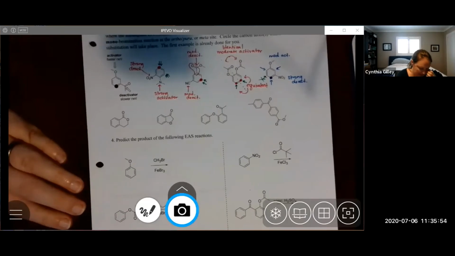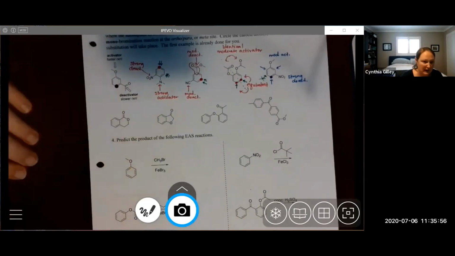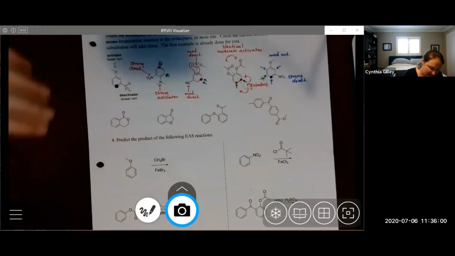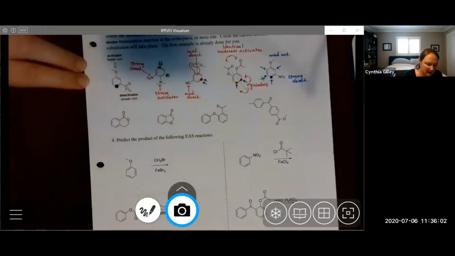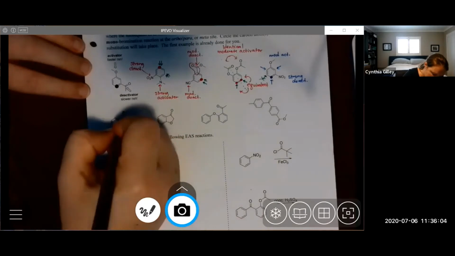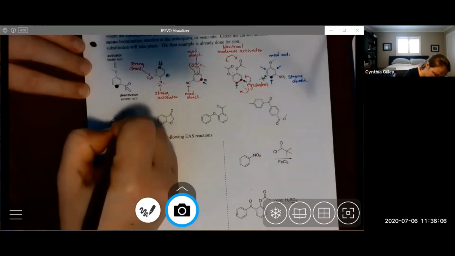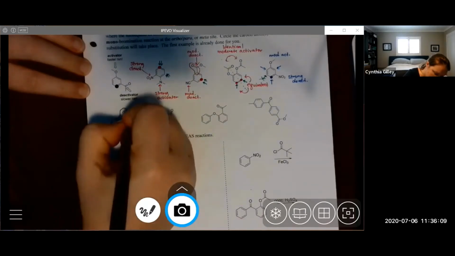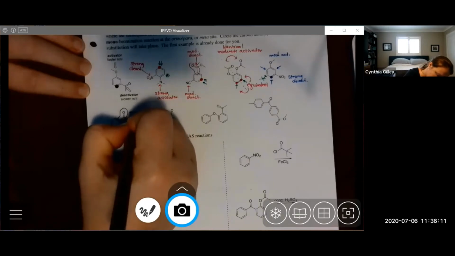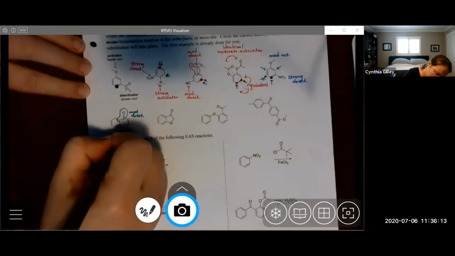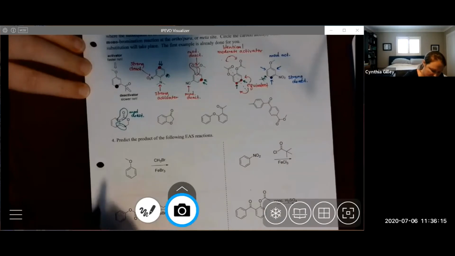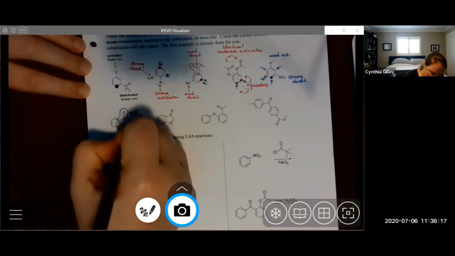And these ones get a little bit more complicated, but if you think about it, it's not too bad. It's kind of tied together in a second ring. So you can think of this group as our moderate deactivator. And this is an alkyl group, so it is a weak activator.